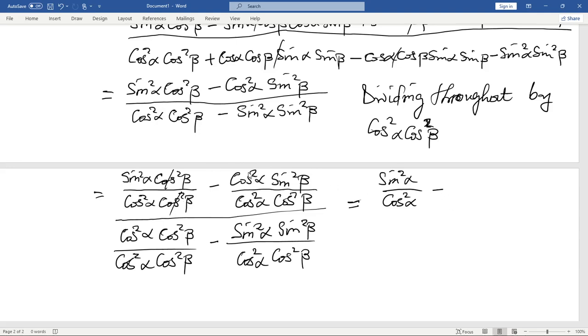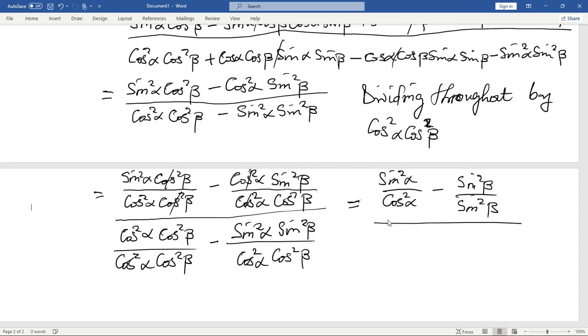on this here, you notice that cos squared alpha and cos squared alpha are going to cancel. Then you're left with sin squared beta divided by sin squared beta, like this.